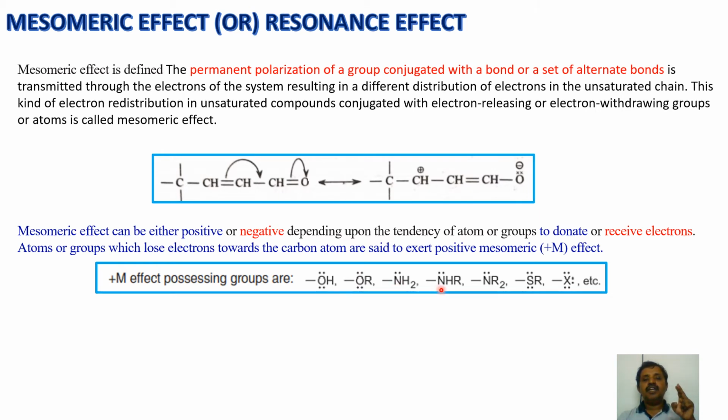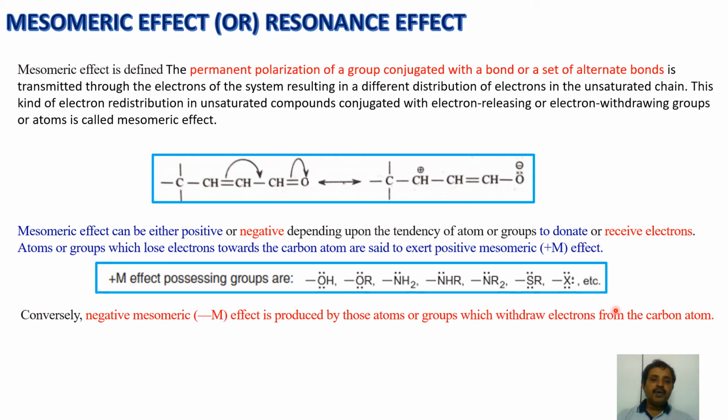Amines also have lone pairs. Whenever a conjugated system is connected to an atom which is bearing lone pairs, it acts as a plus sum effect showing group. Here oxygen is bearing lone pairs, so it shows plus sum effect.